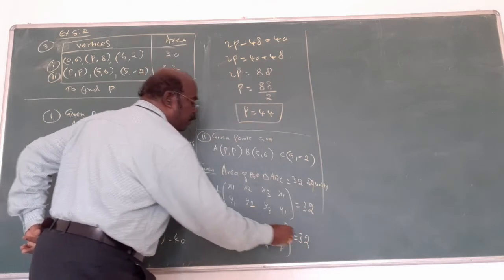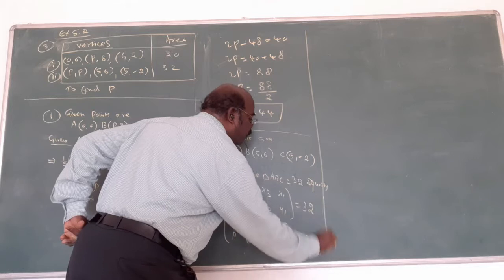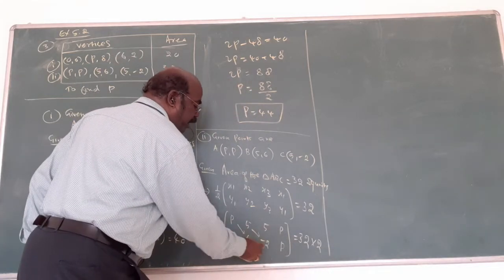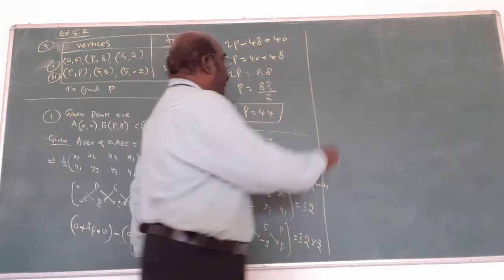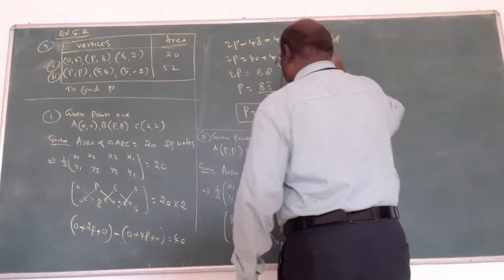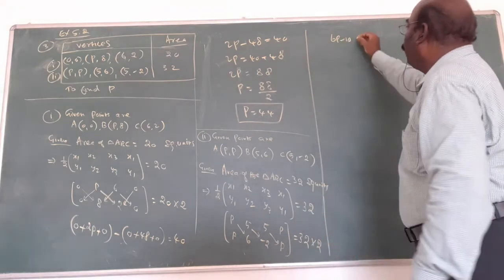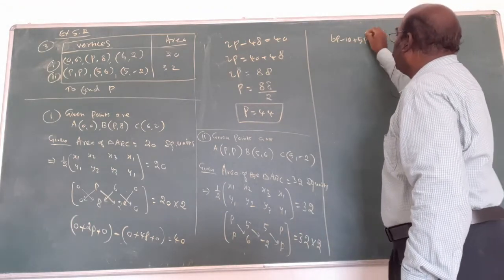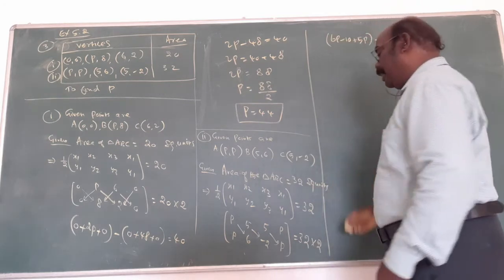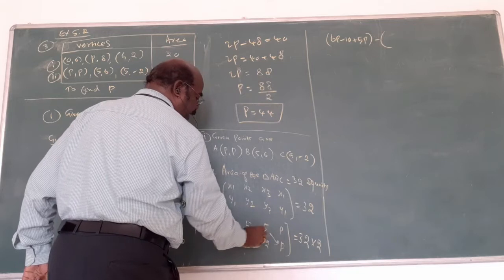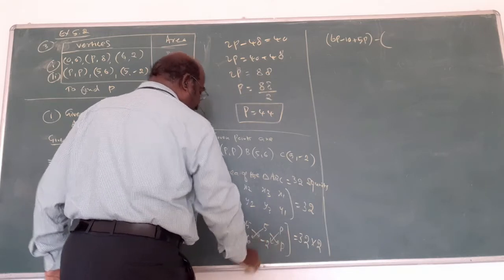Cross multiplying the 1 by 2 into 2. Now same thing. p into 6. 5 into minus 2. 5 into p into 6 is 6p. 5 into minus 2 is minus 10. 5 into p, 5p. Close the bracket. Minus 10. In the same way, 5 into 6 is 30. p into minus 2.